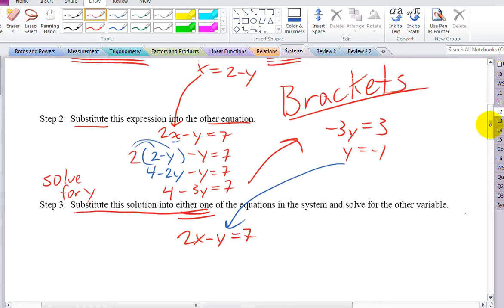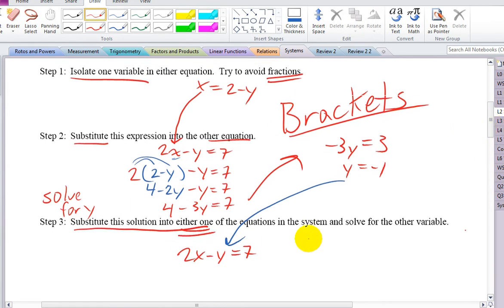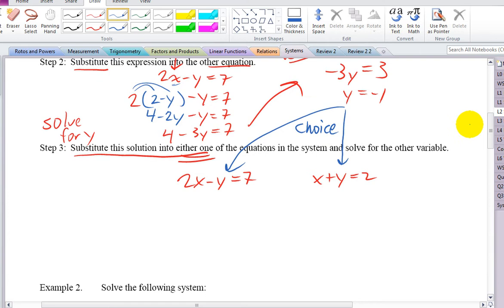Or the other equation, x plus y equals 2, will also work. So at this point, you have to make a choice which one to use. Either will get you the correct answer, and that's why I'm doing both.